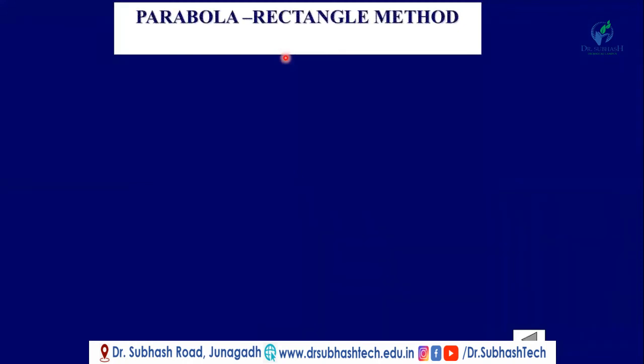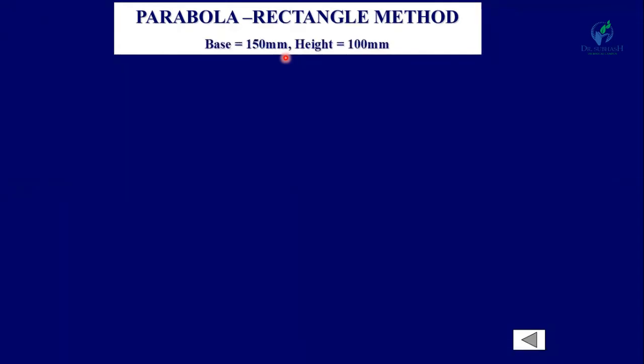So the first method is the parabola rectangle method. Here the given base of the parabola is equal to 150 mm and height is equal to 100 mm. Now let us see how to draw the parabola using the rectangle method.